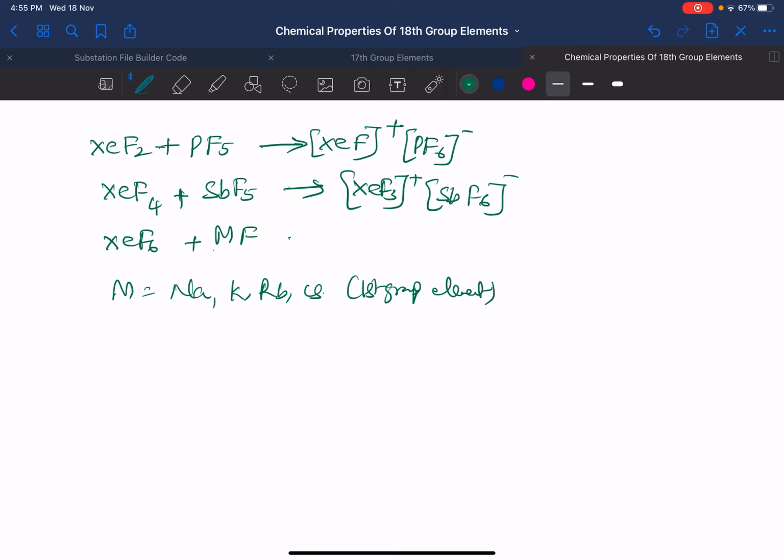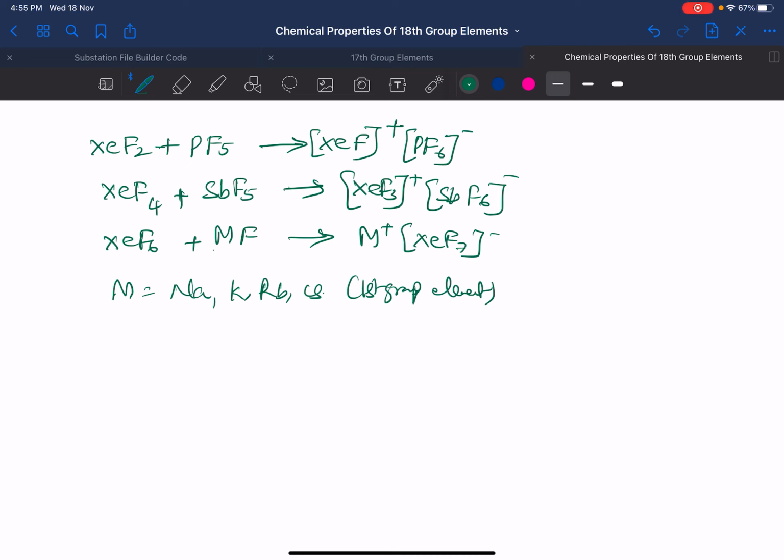So XeF6 plus MF gives M plus XeF7 minus. Only these first group elements will give the heptafluoroanion. So these are the reactions of the xenon fluorides with other fluorine accepting molecules.